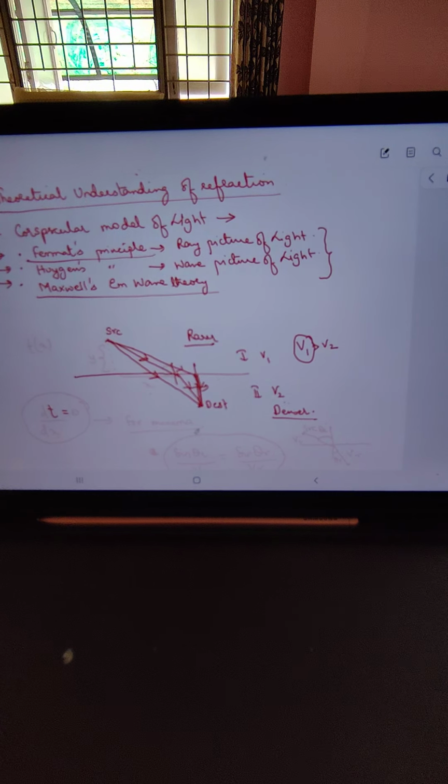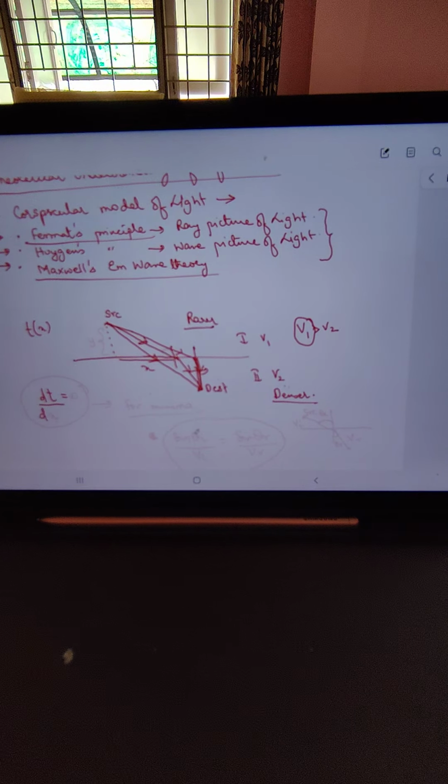At this level, we are not going into the details, but we can differentiate this time with respect to this. You can get the expression of time as a function of this distance, let's say x, and then you can put dt by dx to be 0, right?